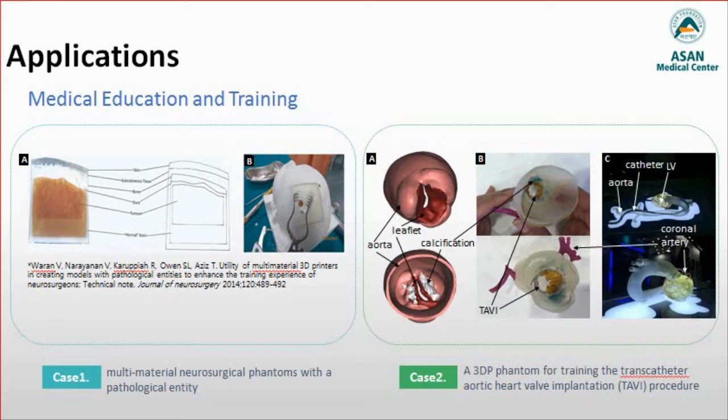Patient-specific 3D models fabricated by the 3DP system have been used to train young surgeons in surgical procedures. The recently developed multi-material 3DP technology provides more realistic phantoms that mimic real hard and soft tissues. Case 1 used multi-material neurosurgical phantoms with a pathological entity with varying consistencies and densities for their trainees.